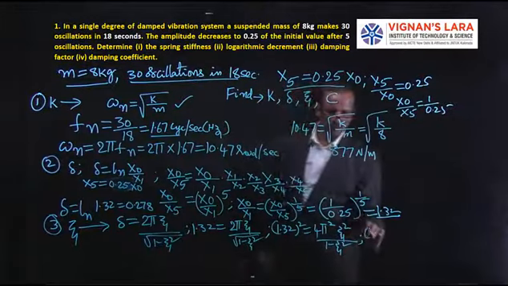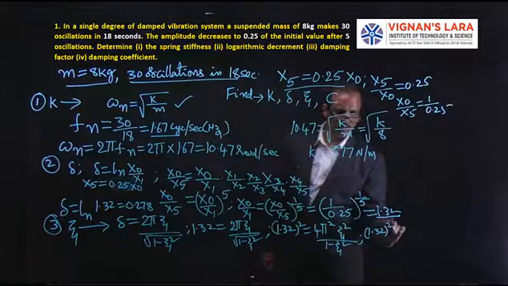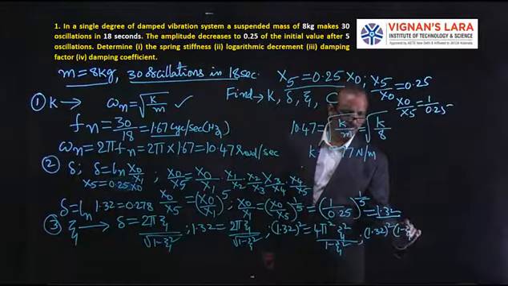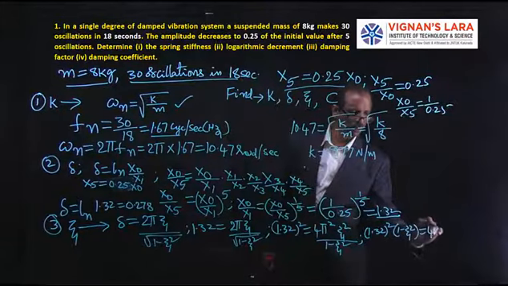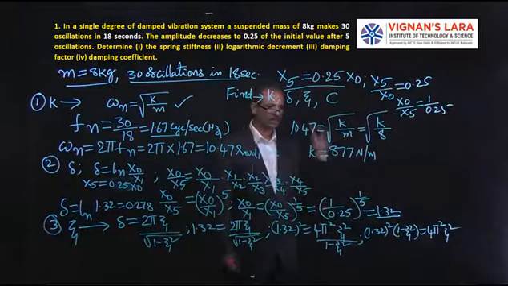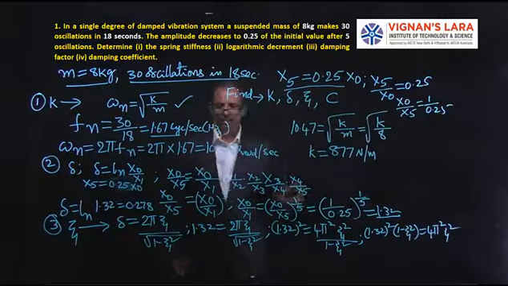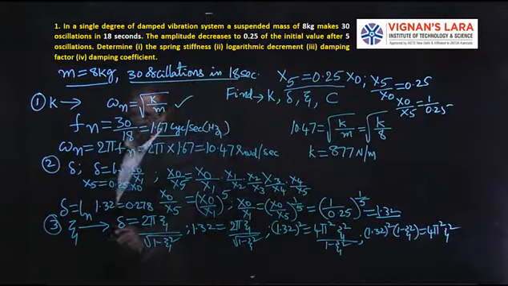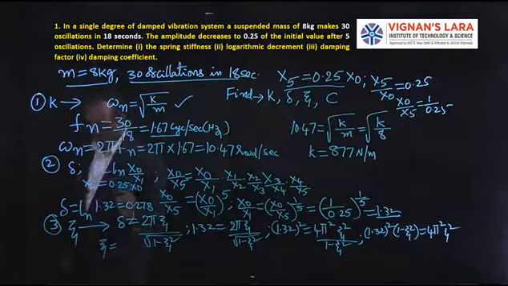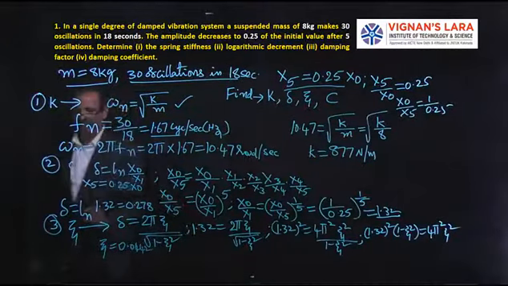Then 1.32 square into 1 minus zeta square is equal to 4 pi square zeta square. Then rearrange the terms and find the zeta value. You get the value of zeta as 0.0442.